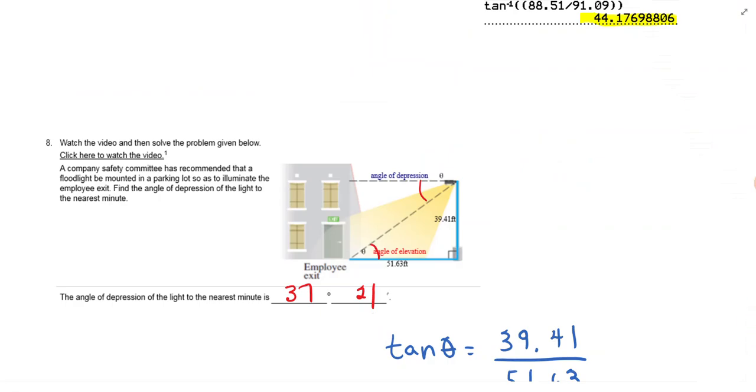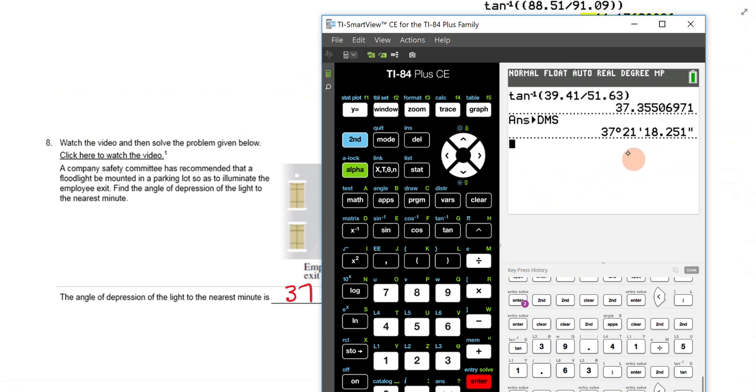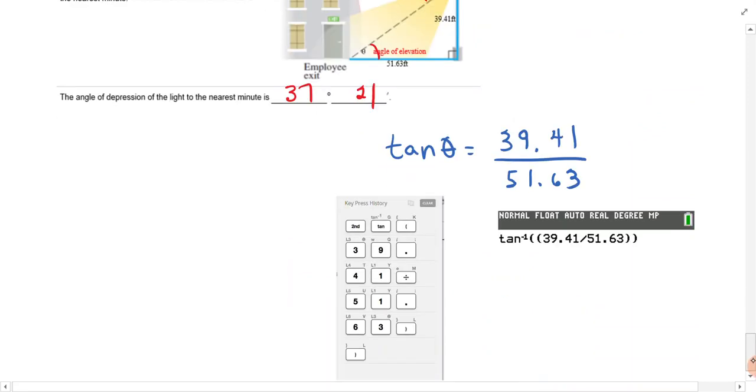So I believe that's what that should be. I think that's what we had on the calculator, 37 degrees 21 minutes. And that should be that. So I think that you could get going on this problem set.